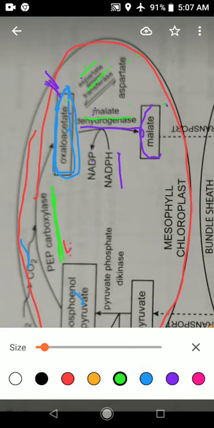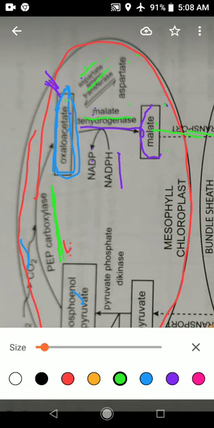Children, the malic acid or malate is formed in the chloroplast of the mesophyll cell. Now this malate is transferred from the chloroplast of the mesophyll cell to the chloroplast of the bundle sheath cell. So from here, this malate is transported to the bundle sheath cell.